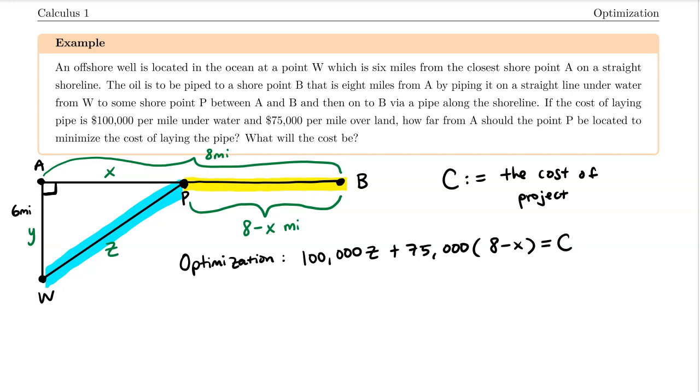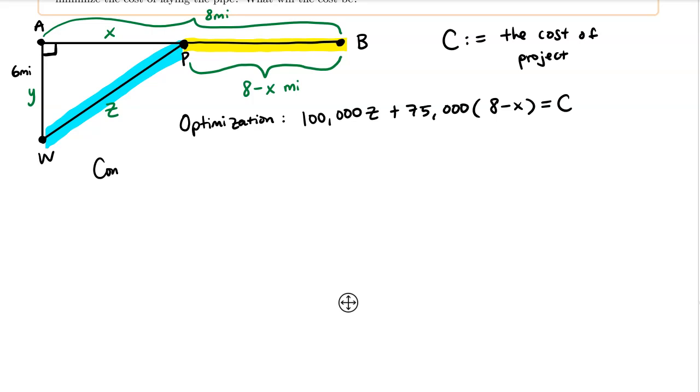Now, we can't take the derivative of this yet because we have two different variables, X and Z. So our goal is to figure out how to get this in terms of a single variable. Well, we know that the triangle we have depicted here is a right triangle, so we could use the Pythagorean theorem. So I'm going to write my constraint out.